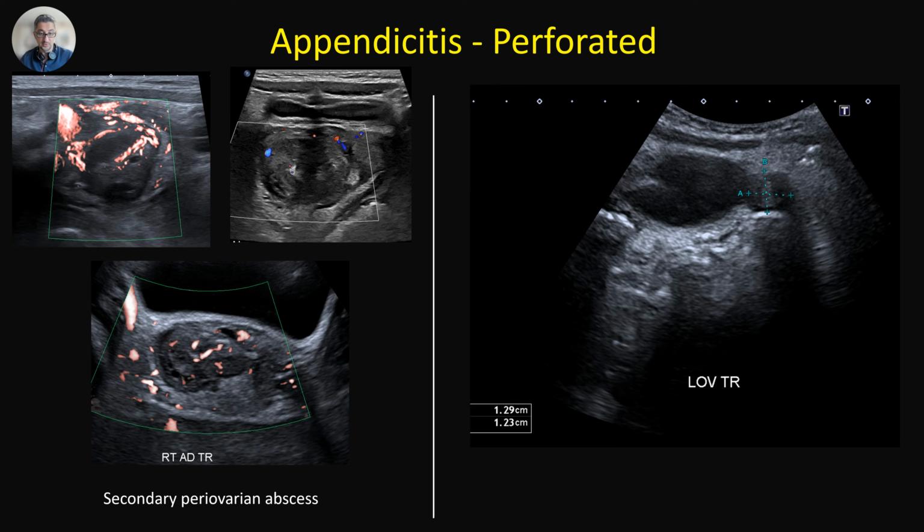Another case of perforated appendicitis. This is the ultrasound at the initial presentation. There is a complex collection with vascularity, but this is in the pelvis, not right lower quadrant. And this is the ovary, so it is not possible to differentiate this from the ovary.